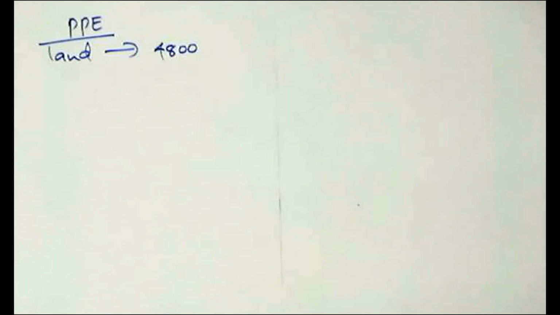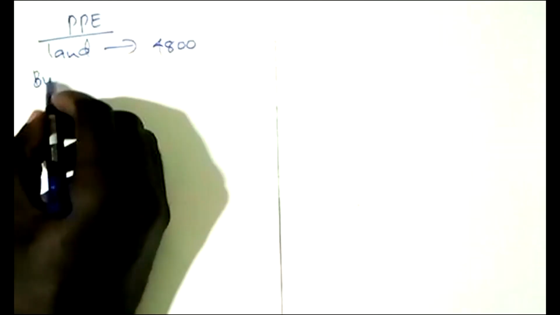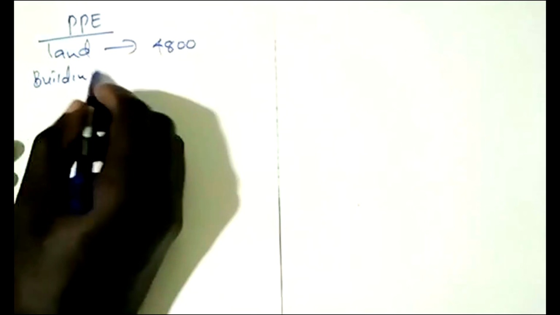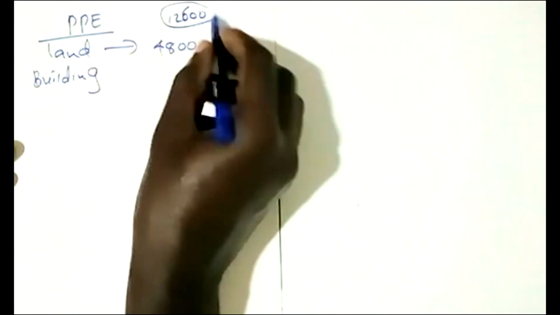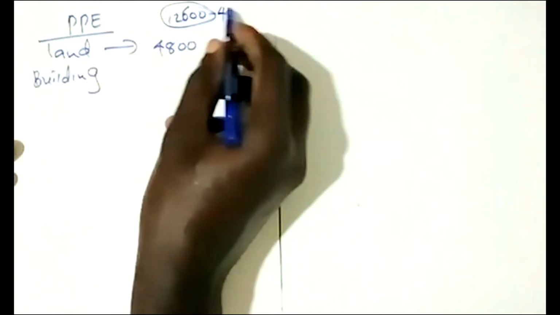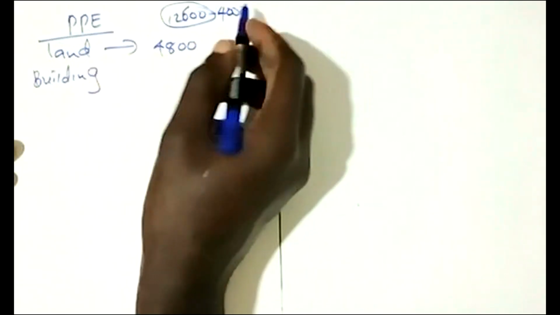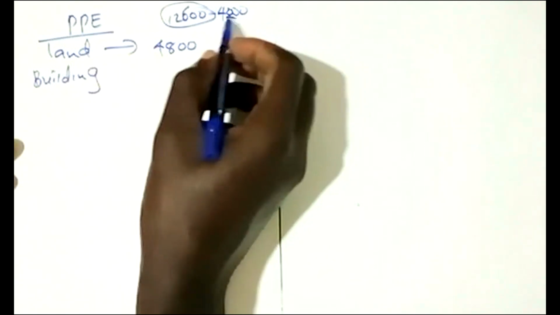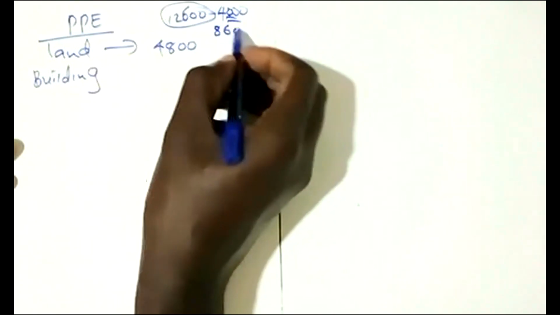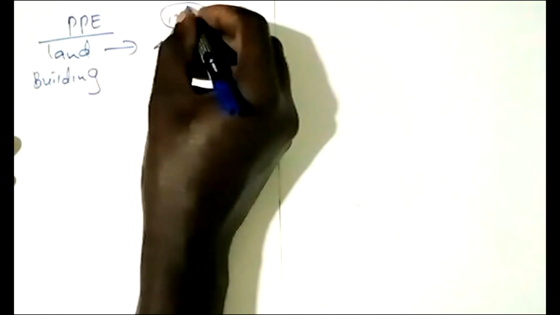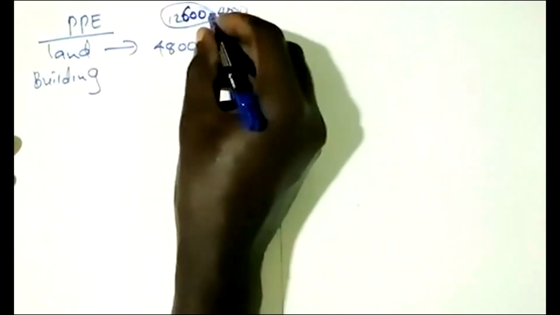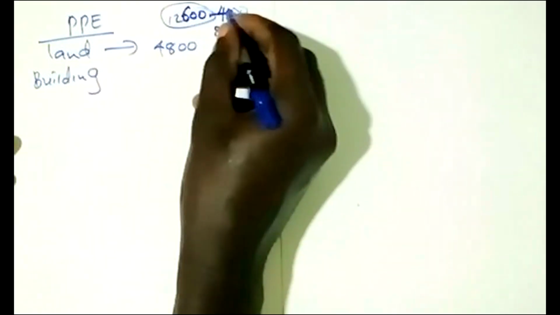48. Then what about building? So remember that the land and building, the total value was 12.6. So which means that if we minus the cost, we remain with 86 for building. Because in the trial balance, the total value for land and building was 12,600. But the one for land, the cost was 4.